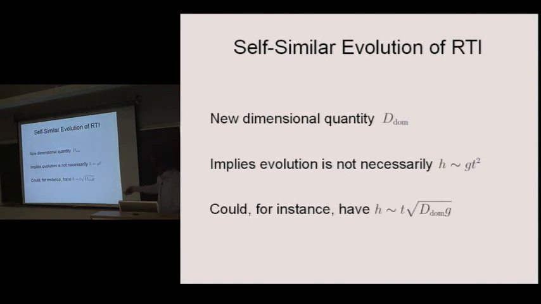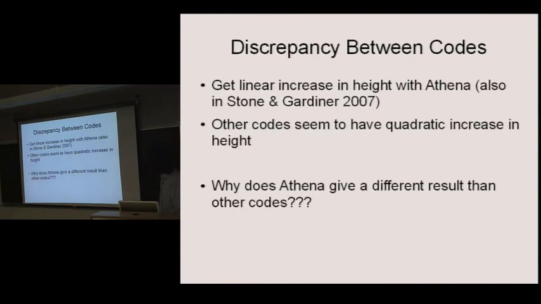But despite this, in my simulation, it seems like h goes as t. And if you look at the simulation that Jim Stone did of the Rayleigh-Taylor instability, you'll see that for their simulations too, also using Athena, the height is increasing as t, not as t squared.